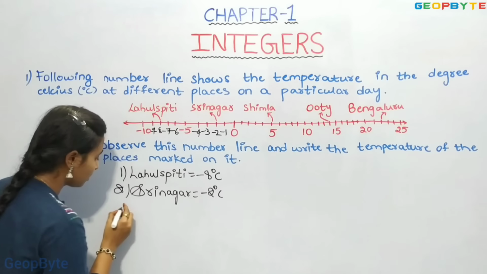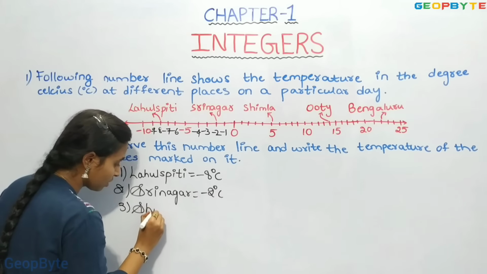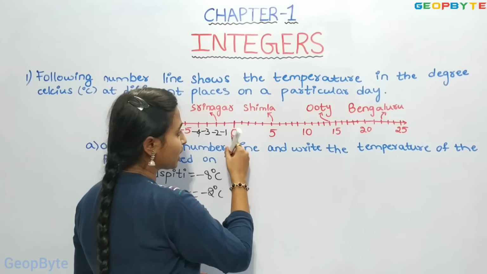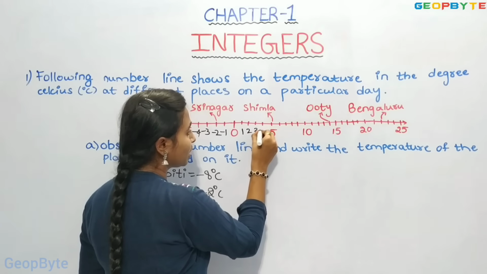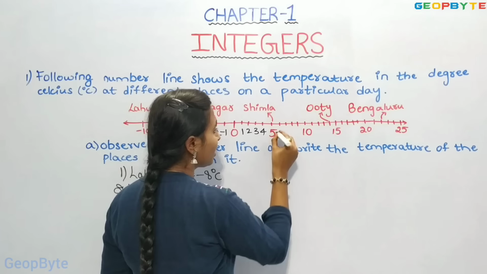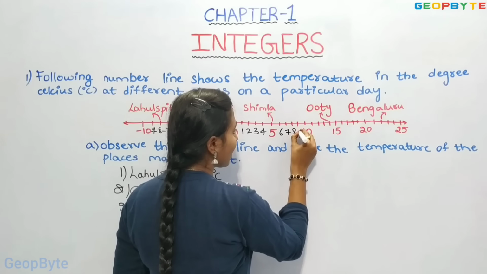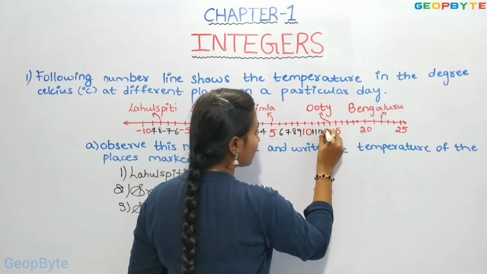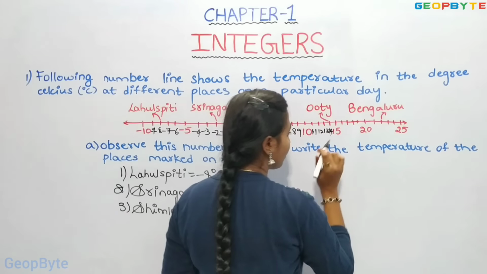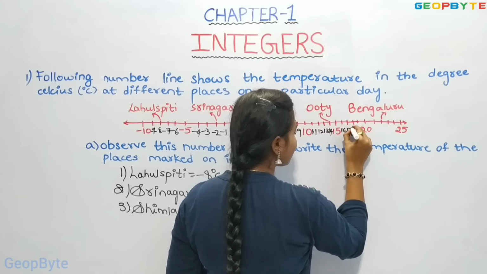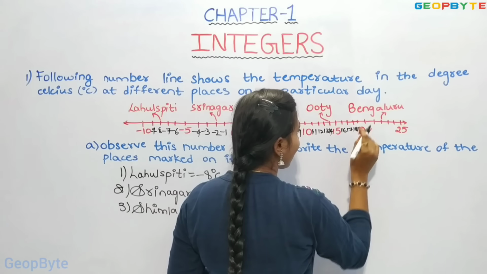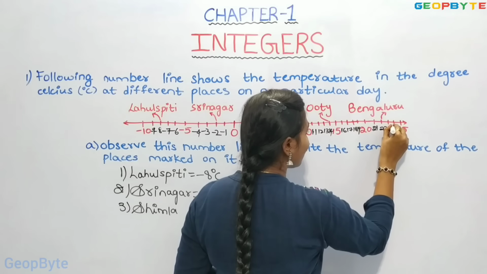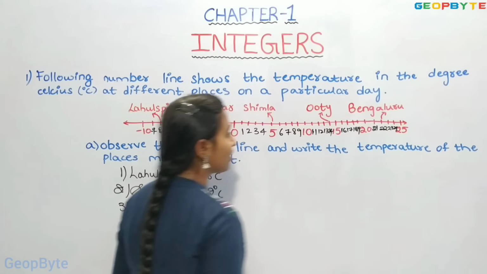At Shimla, now coming to the positive side, after 0: 1, 2, 3, 4, 5 is given, 6, 7, 8, 9, 10 is given, 11, 12, 13, 14, 15 is given, 16, 17, 18, 19, 20 is given, 21, 22, 23, 24, 25 is given.